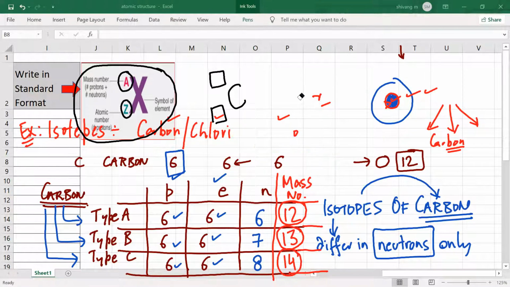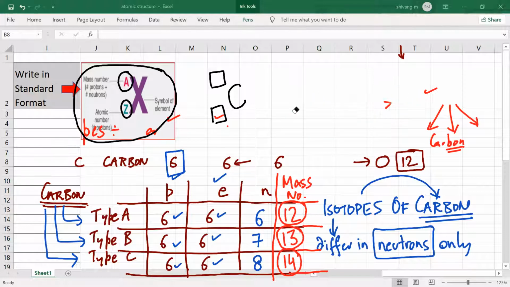I will focus on carbon only now. We will take the example of chlorine, but let us focus on carbon first.